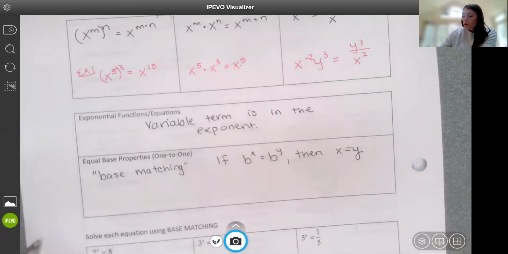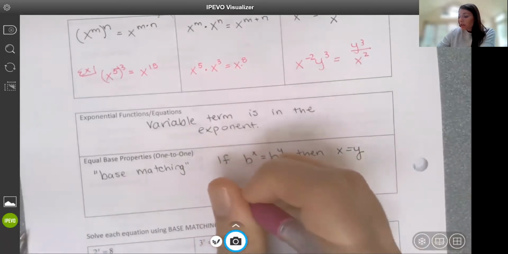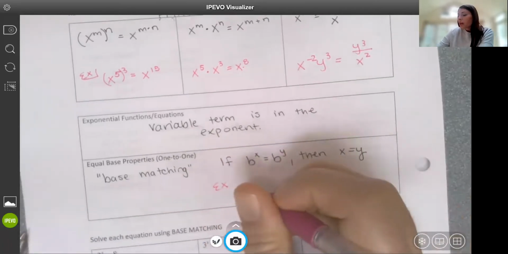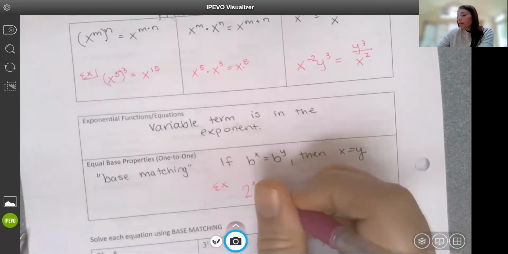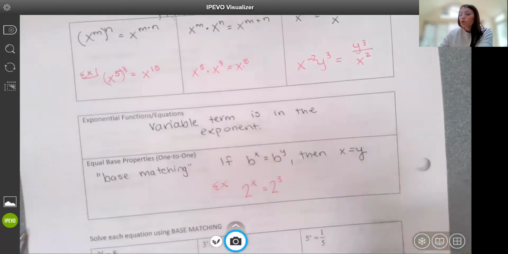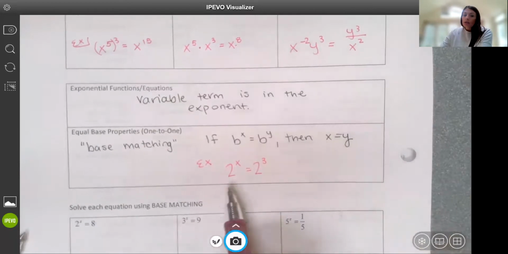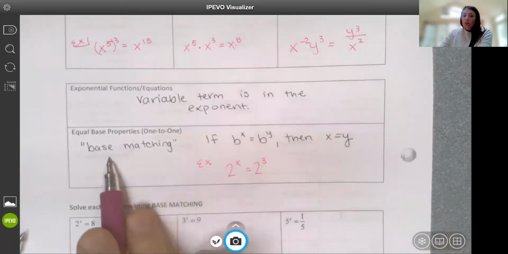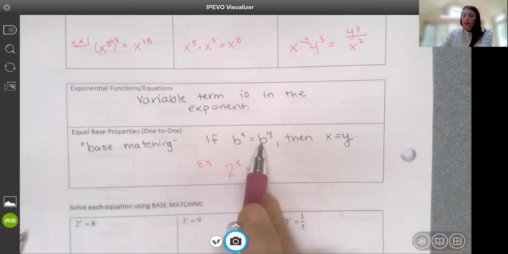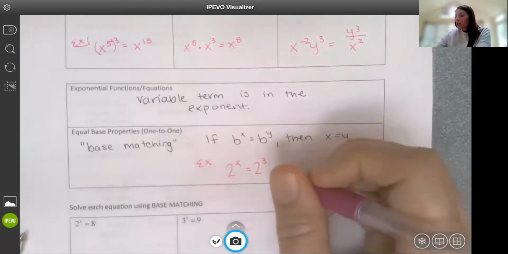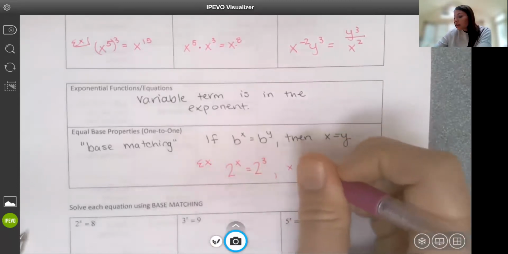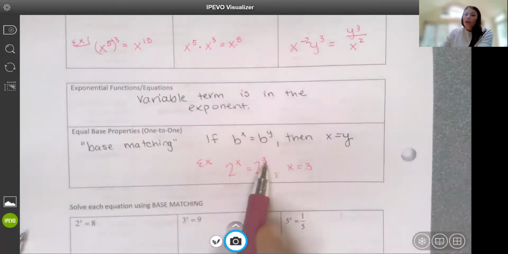So for example, really basic example here, if I have 2 to the x equals 2 cubed, so same base, right, and my bases match, then it would make sense that this variable x would have to be 3.